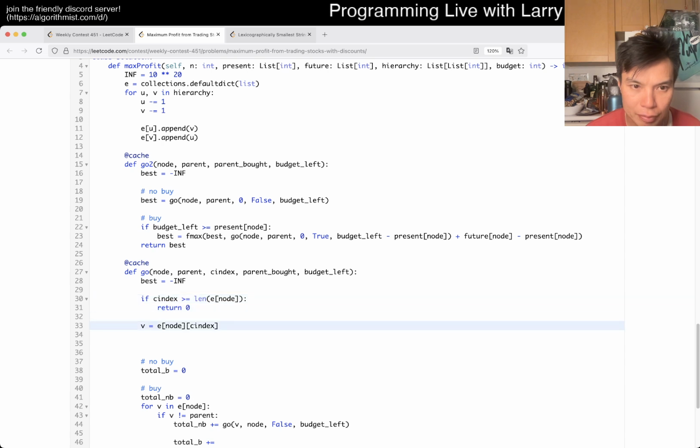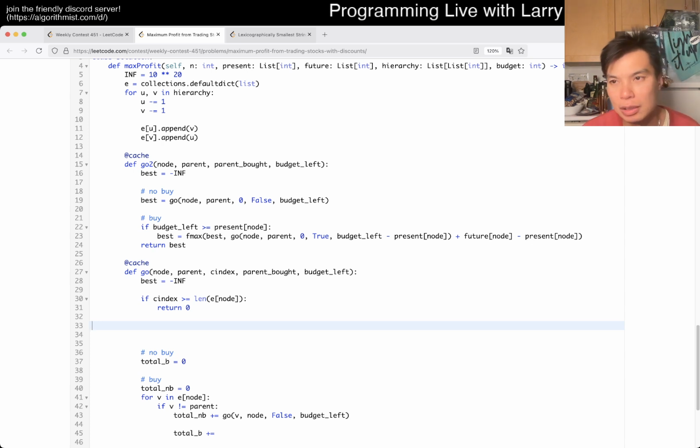Otherwise, we have to brute force how much budget to give this branch, right?